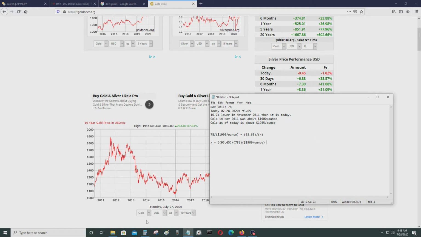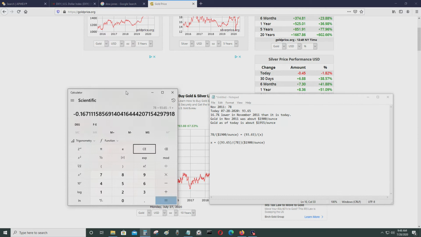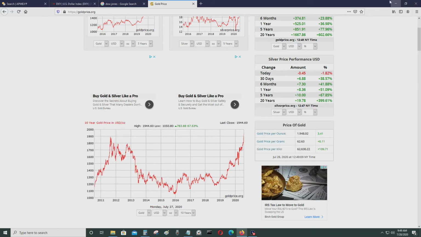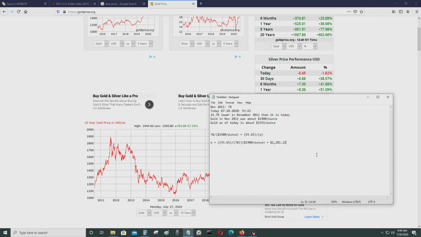And let's see what that is. What should the price of gold be if it was proportional? The price of gold in relation to proportions should be $2,281.22. However, it's not. It isn't a one-to-one ratio.